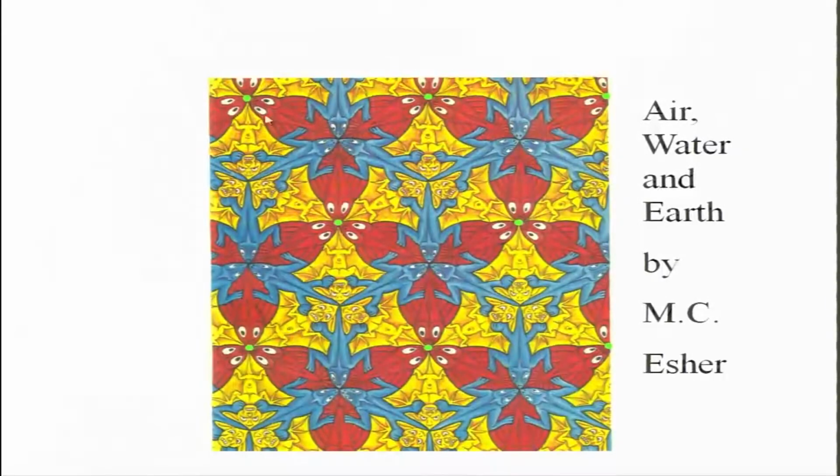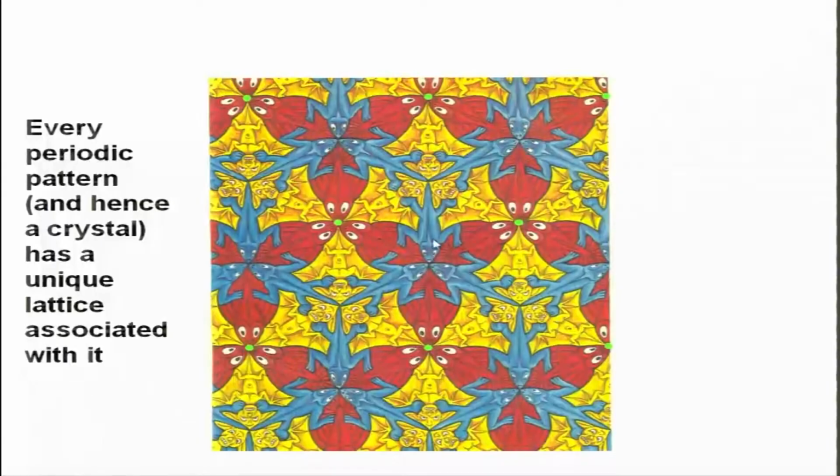Each green point has these three inward looking fishes, three bats, and there are three lizards which are not visible. So what you can do is move this point somewhere else. So basically you can say that every periodic pattern, as a result a crystal, has a unique lattice associated with it.